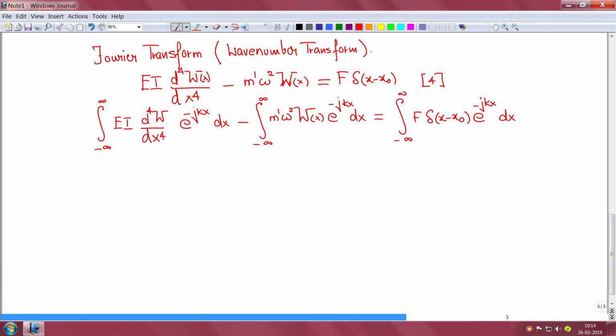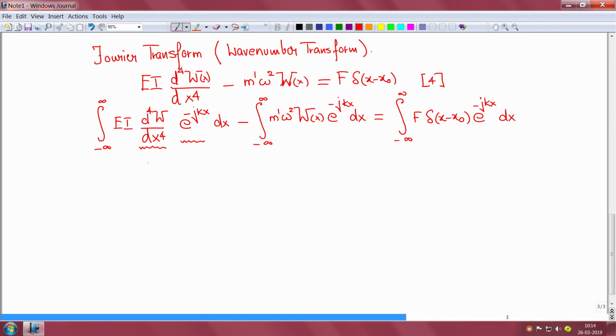Now I will assume some familiarity on your part with respect to this equation. We will essentially transfer the derivatives that are there on w to e to the power minus jkx.